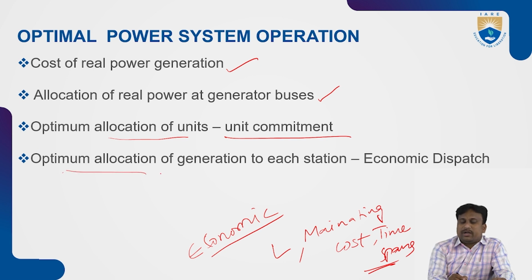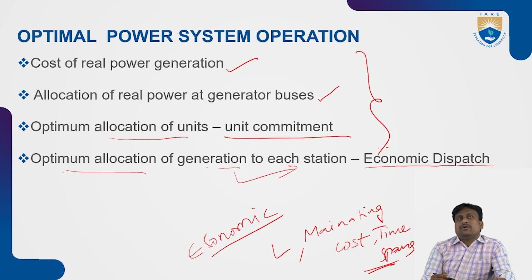And optimum allocation of generators to each power station network. These procedures are repeated in the economic dispatch problem. All these parameters influence the optimal power system operation. Based on that only, we can go with the economic operation of the power system network.